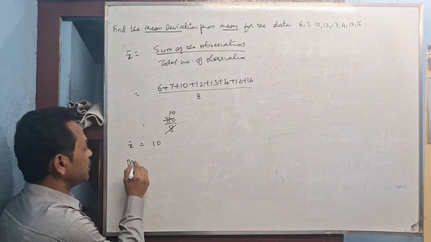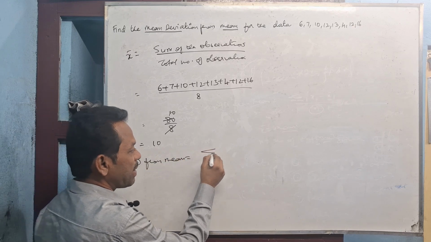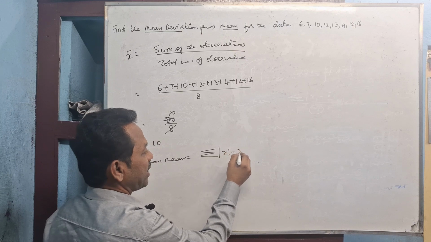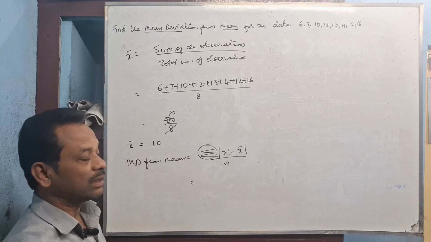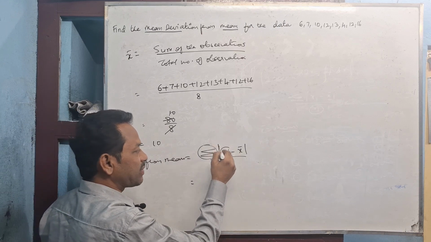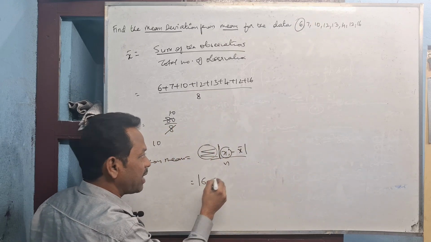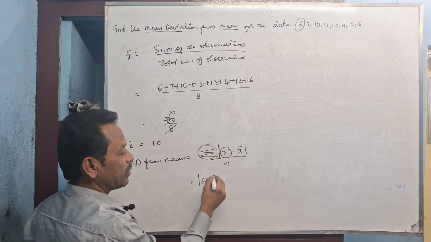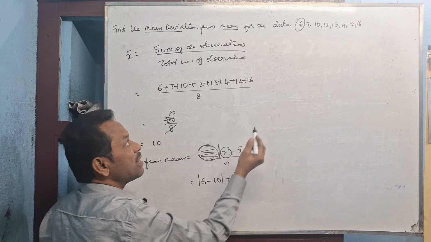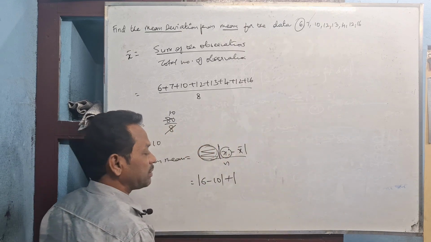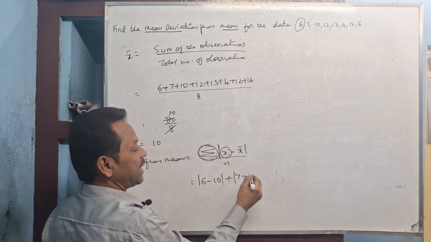Mean deviation from mean equals, the formula says, sigma modulus of xi minus x bar divided by n. Summation is the sum of all the terms. So first for xi, let us take the first observation 6. So 6 minus x bar, which is 10, plus the second observation 7 minus x bar, again 10.